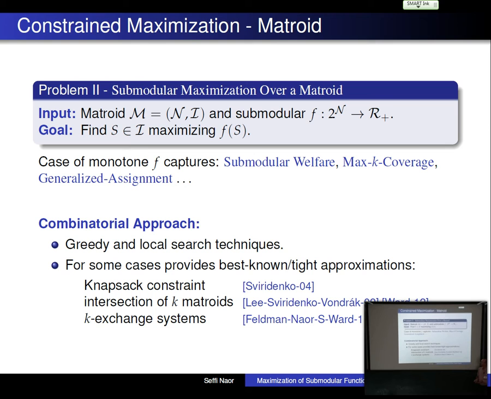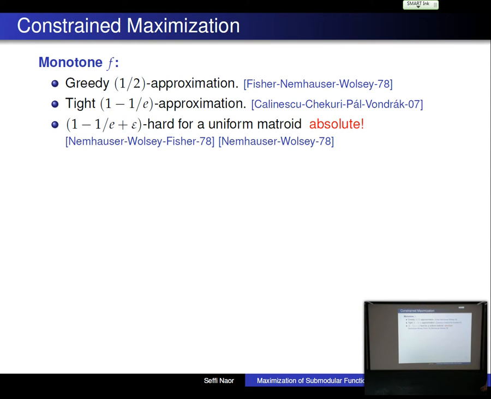Common techniques are greedy and local search, and for some instances, this has provided the best possible approximation factors, even for more general families than matroids, like knapsack constraints, intersection of matroids, what's called k-exchange systems, and more. In the case of a monotone function, Fisher, Nemhauser, and Wolsey showed in '78 that the greedy algorithm gives a factor of 1/2.